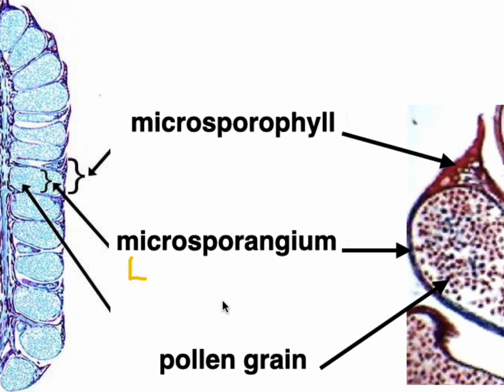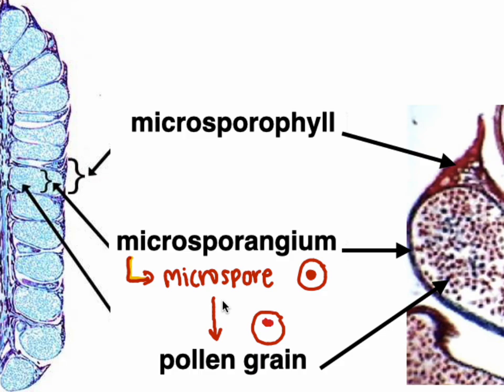Microsporangium produces microspore, right? Which is one cell here, and they quickly do cell division. They make 2 nuclei, and this becomes a pollen grain.